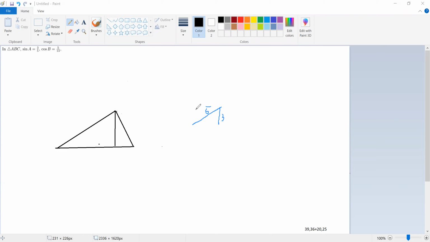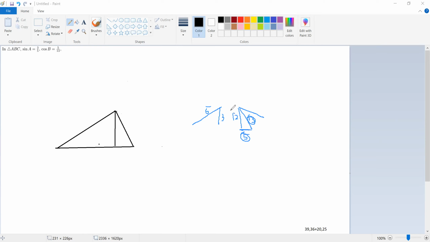But the ratio for the other side is 12, 13 and 5, because cosine is adjacent over hypotenuse, which gives you 5 divided by 13.